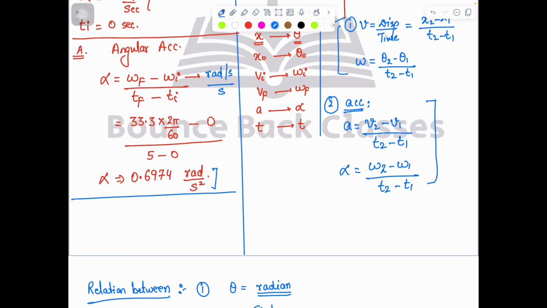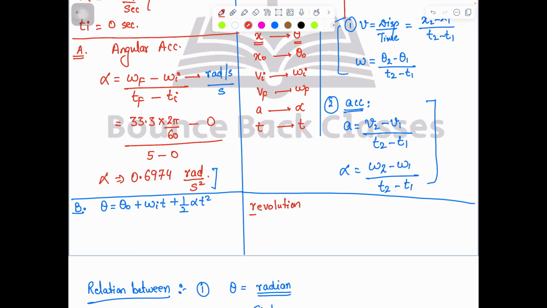Just simply apply the equations. So can I say theta is equal to theta naught plus omega I t plus half alpha t square. And revolution means, what you need to understand, I will just use the space. What we are looking for is a revolution.